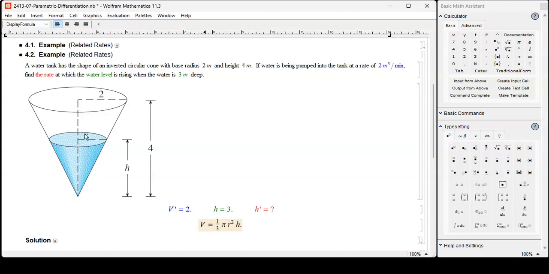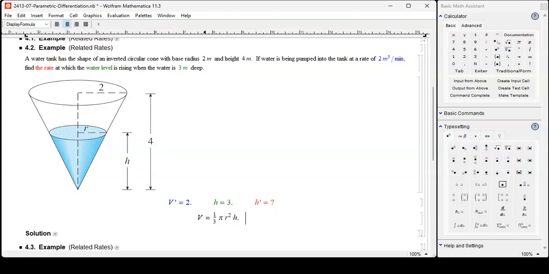Well, if you pay attention to these dotted lines, you're looking at a right triangle, two right triangles rather, sharing the same vertex. So we have similar triangles, and then the ratio of R current versus total R, 2, should be H current depth versus the total depth, 4.